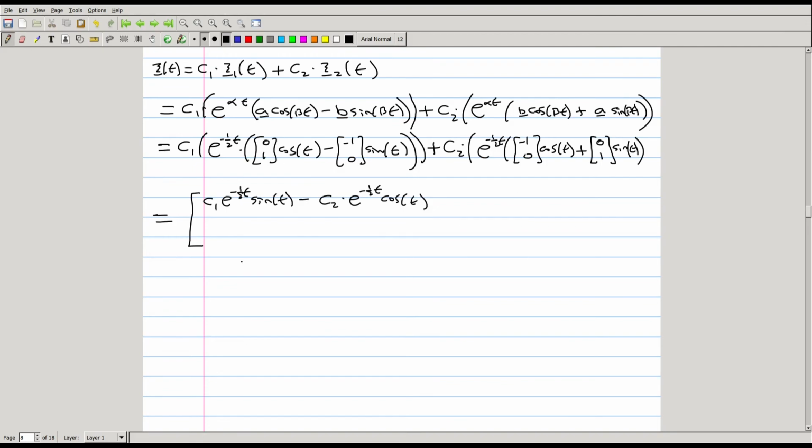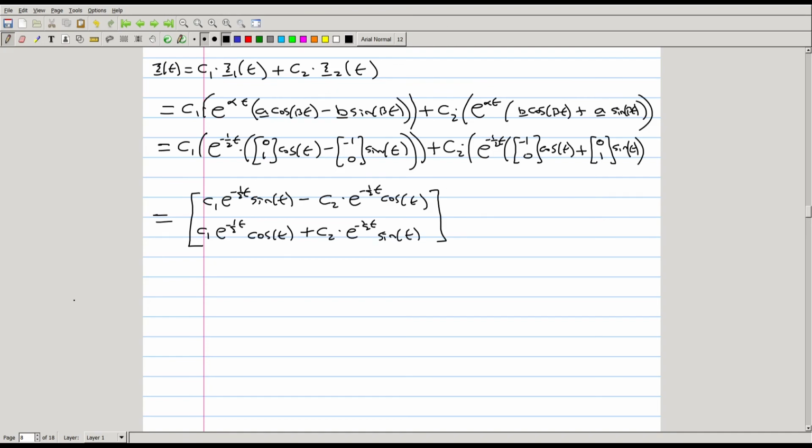And for the y component, it'll be C1 e to the negative 1/2 t times cosine of t, and then lastly, plus C2 times e to the negative 1/2 t sine of t.